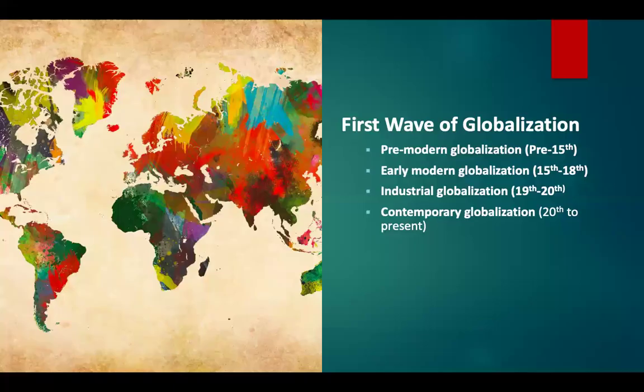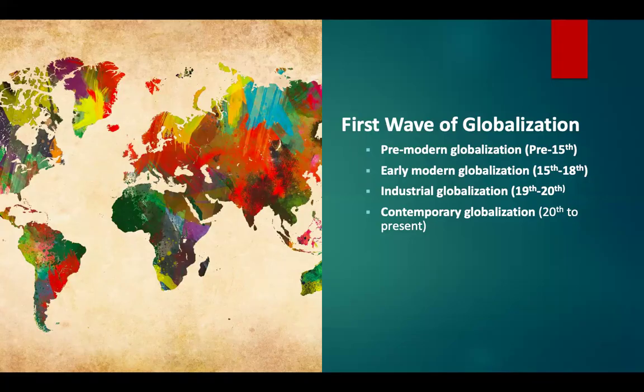Number one is pre-modern globalization, before the 15th century: early trade networks like the Silk Road, Indian Ocean trade, migration, and cultural exchanges. We already talked about that. Early modern globalization, 15th to 18th century: European exploration, colonial expansion, mercantilism, and the Atlantic slave trade.